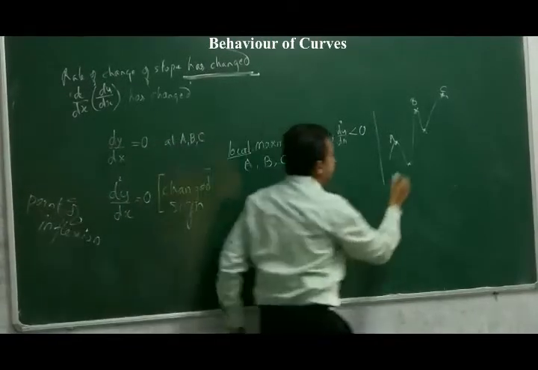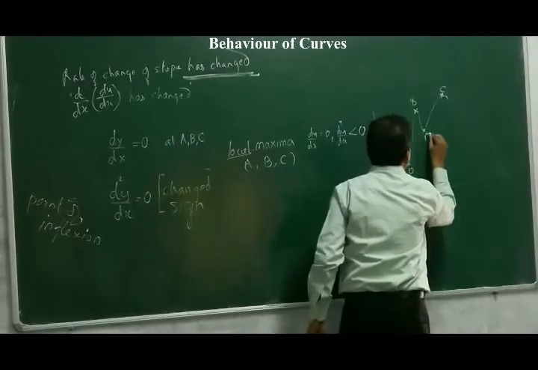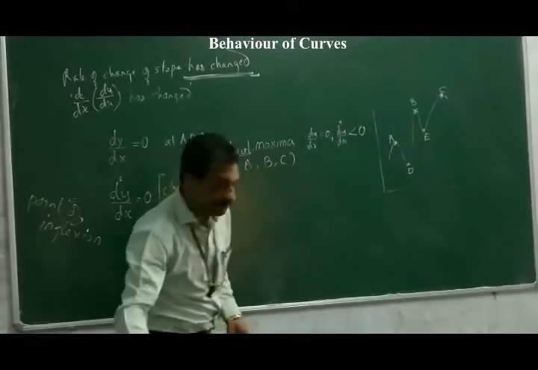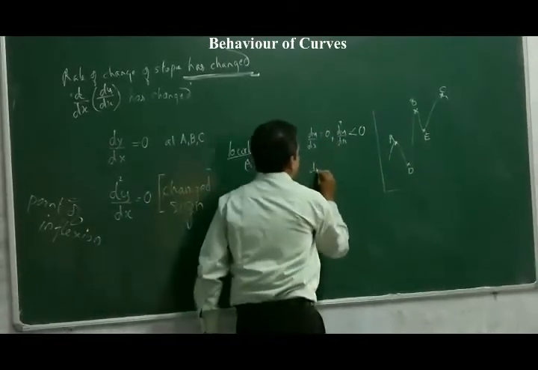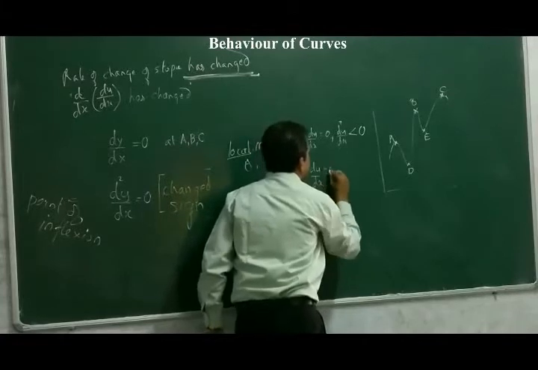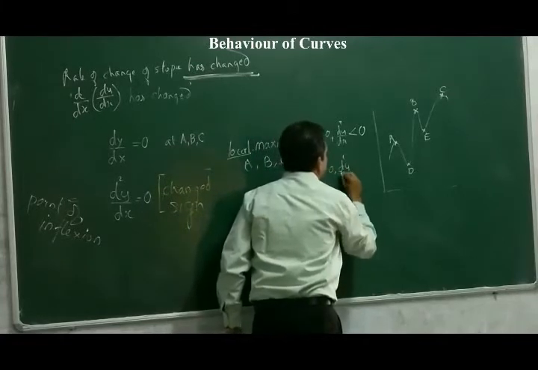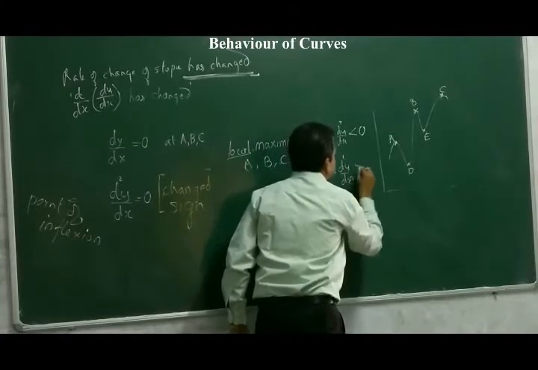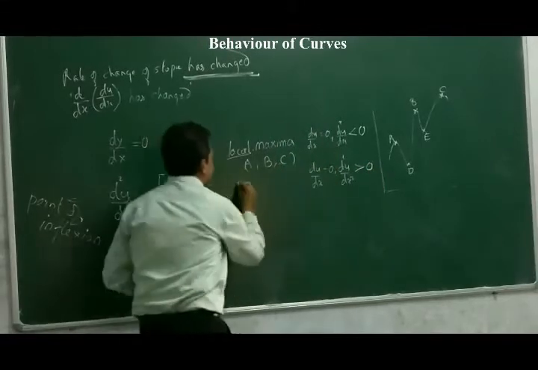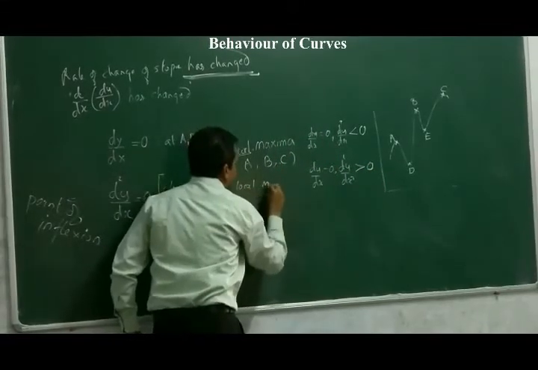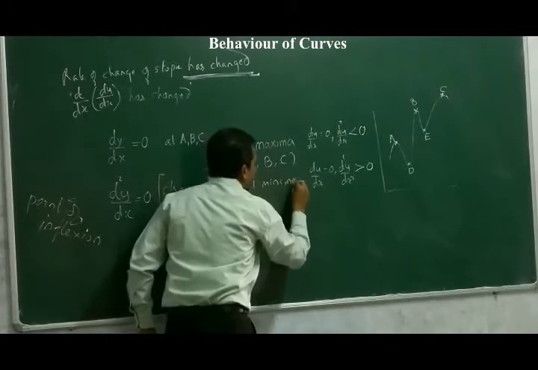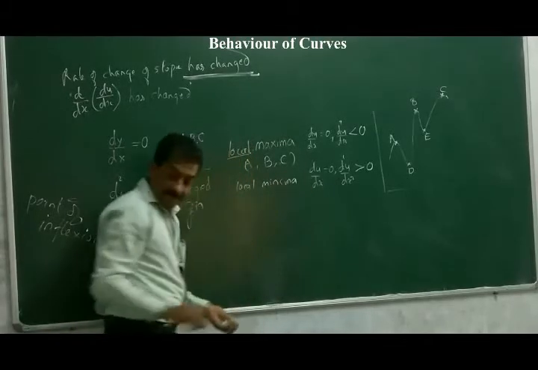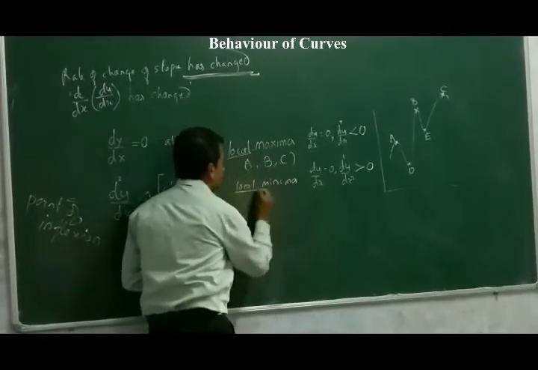And D and E. What is that? dy by dx equal to 0. d squared y by dx square is greater than 0. That is local minimum. Please focus on that.